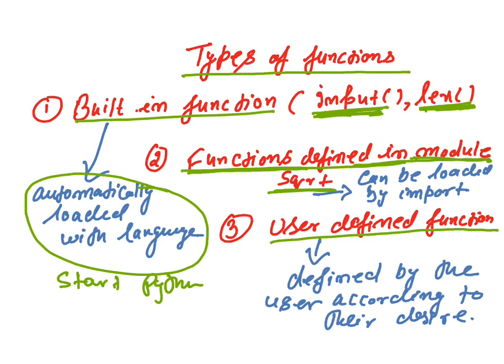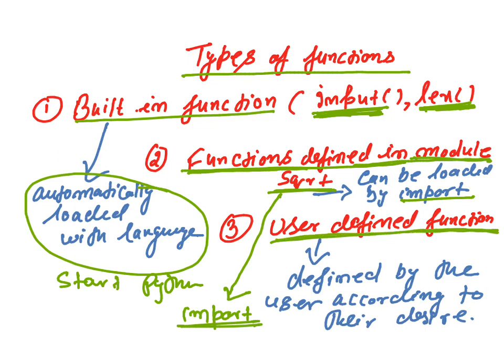It has to be imported first. How will you import? Very simple. As we discussed in 11th, you write an import statement. After writing the import statement, you can use that particular function. How we will use these functions, we will discuss later on.